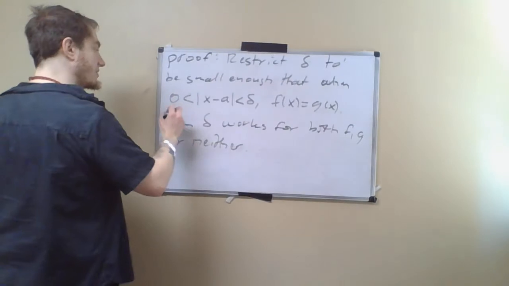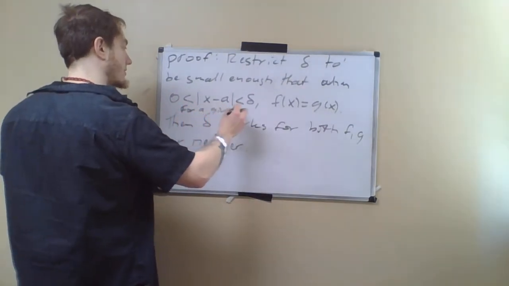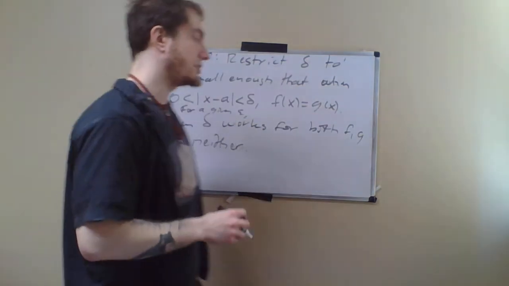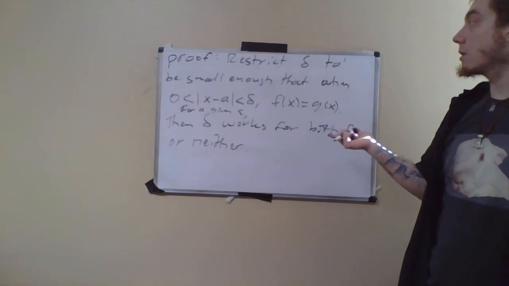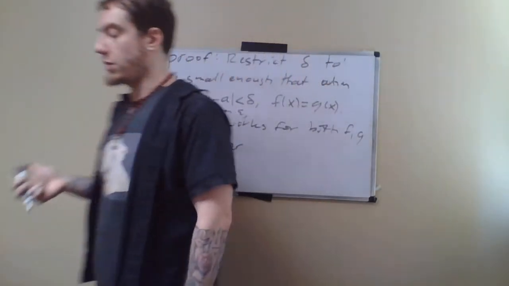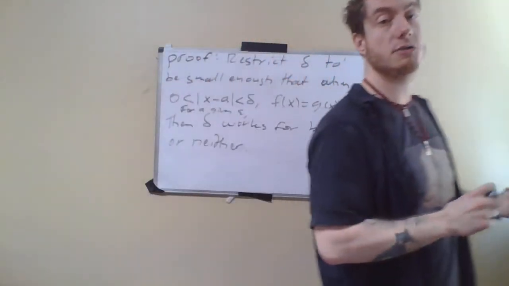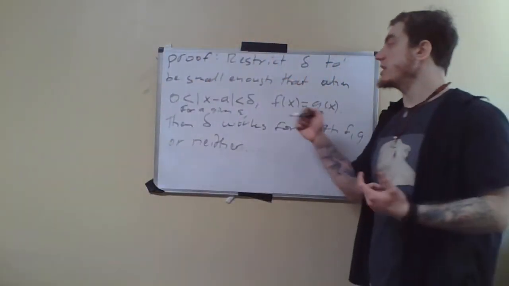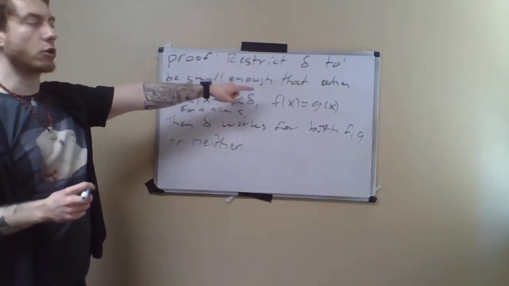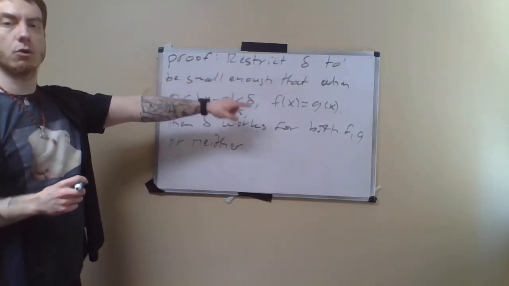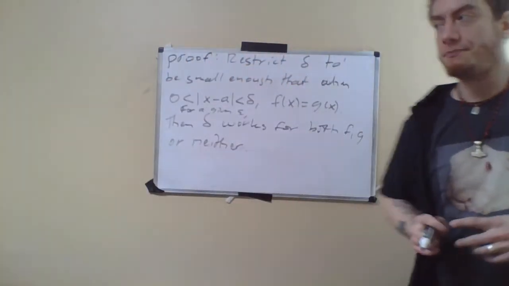Strictly speaking, I should say then for a given epsilon, delta will either make this work with the definition of the limit, or it doesn't work for either of them. If it works for one, it automatically works for the other. So if we can find a delta that works for f, that delta automatically works for g. If we can find a delta that works for g, it automatically works for f. And that is why this works.